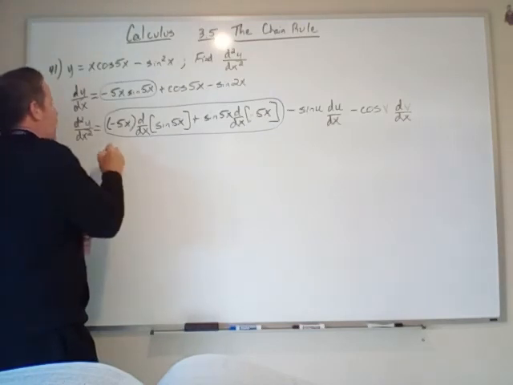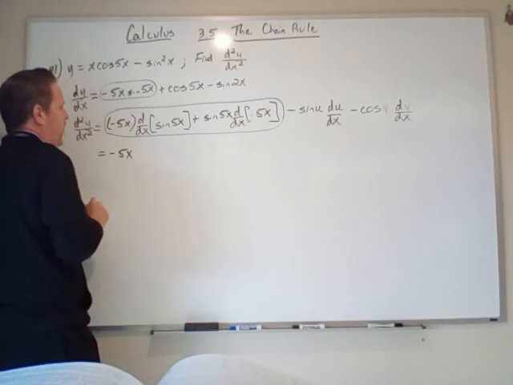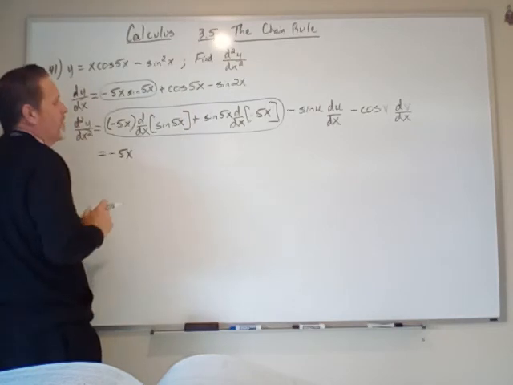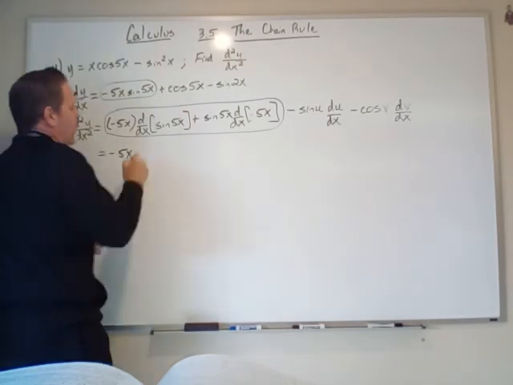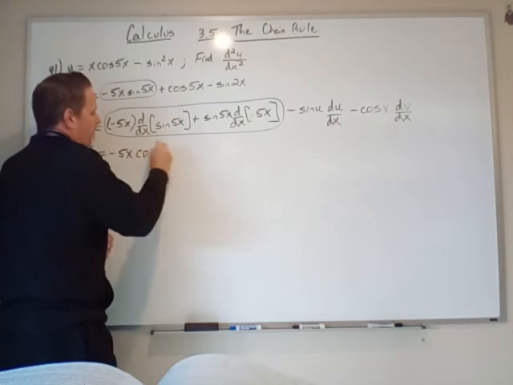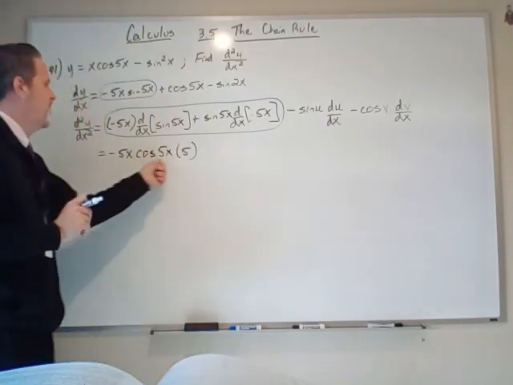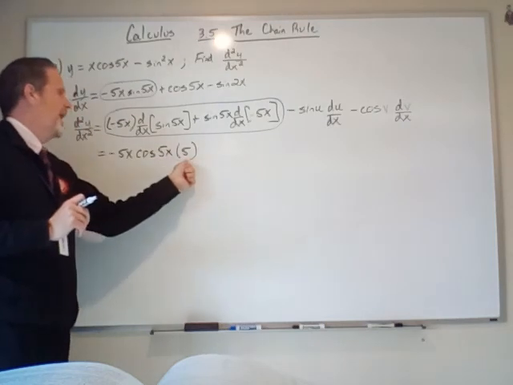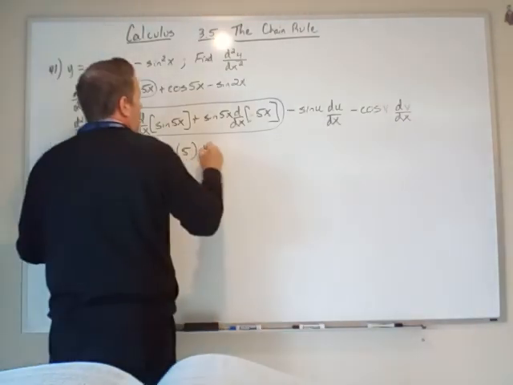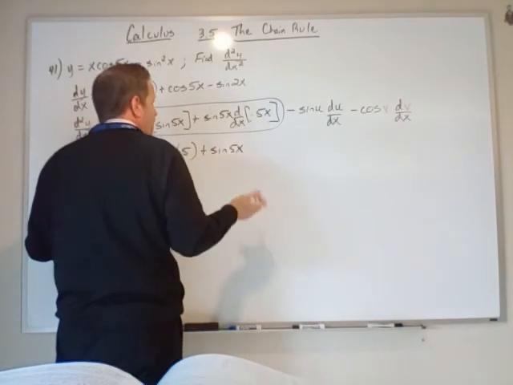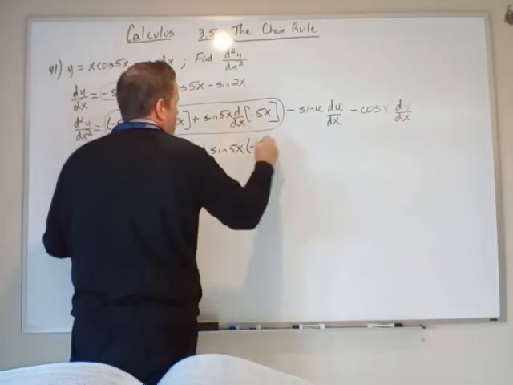We've got opposite 5x. Now the derivative of the sine of 5x, that's the same thing as we just did with cosine. So the derivative of the sine of 5x is cosine 5x times the derivative of 5x. So it's cosine 5x times 5. Plus, I've got the sine of 5x. The derivative of negative 5x with respect to x is negative 5.